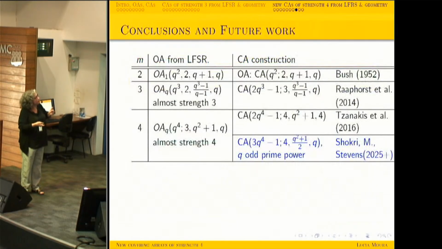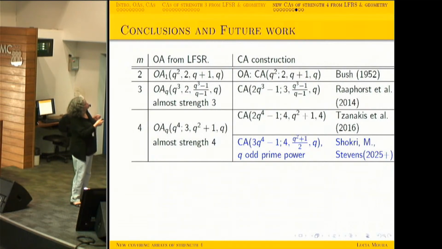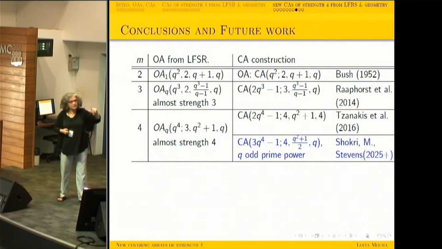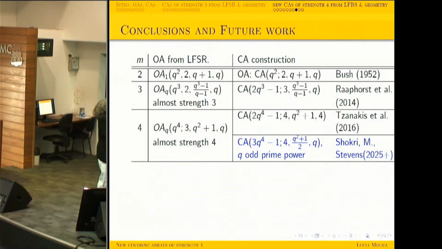That's it. And the final slide. If my polynomial has degree 2, I can retrieve the Bush construction for an MDS code, same parameters at least. For strength 3, I have an OA that has strength 2 and almost 3. I paste 2 of them. That's the Raaphorst construction.